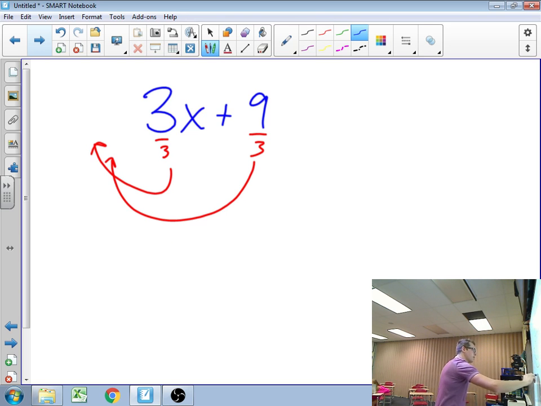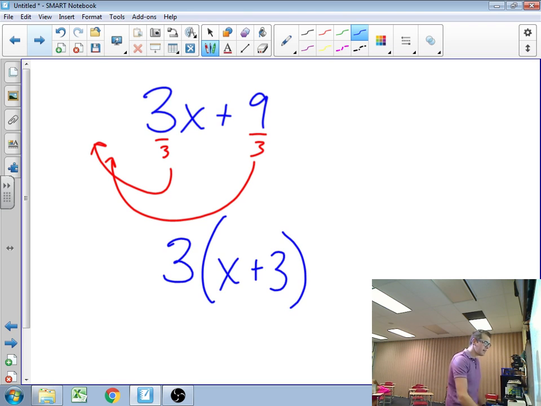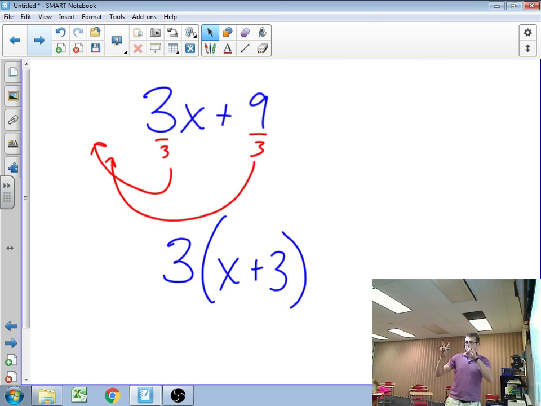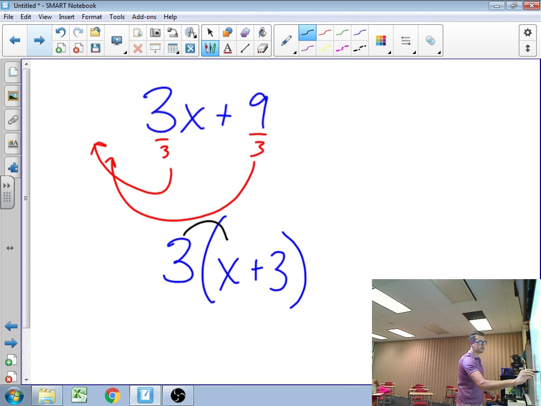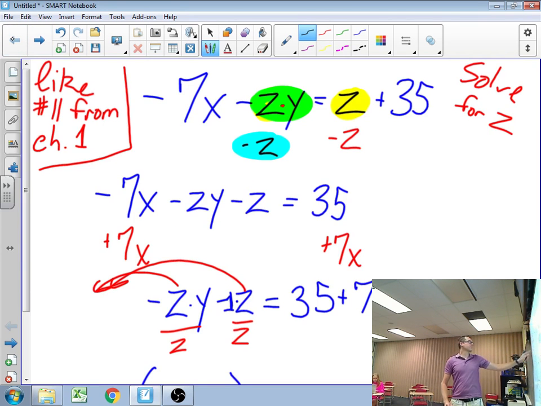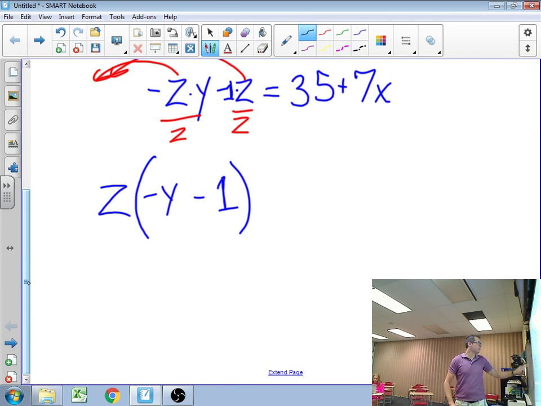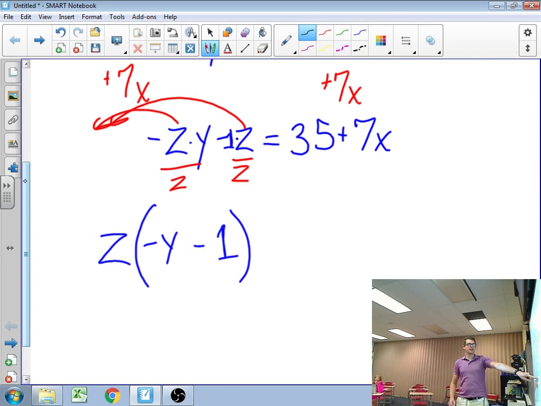And then it says 3 times x plus 3. Because if I go forward through my process and do the distribution, the distributive property, it will come back and be my 3x plus 9. So if I come back over here and look at what this would be when I distribute, z times negative y would be negative zy. Z times negative 1 would be negative 1z. That's how we do that. You got that now? Yes.